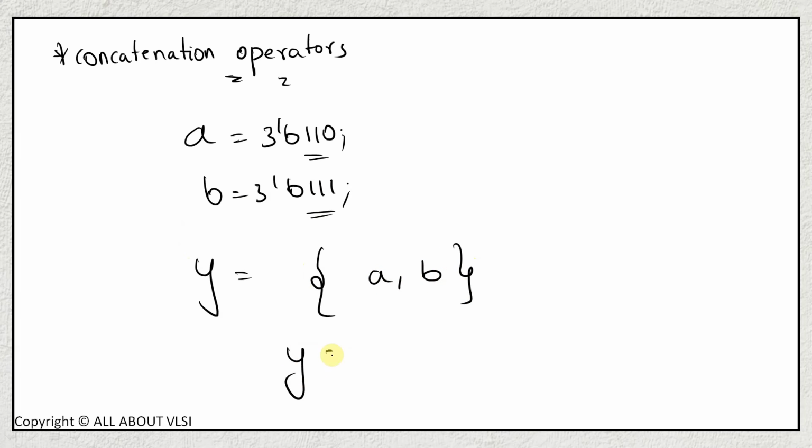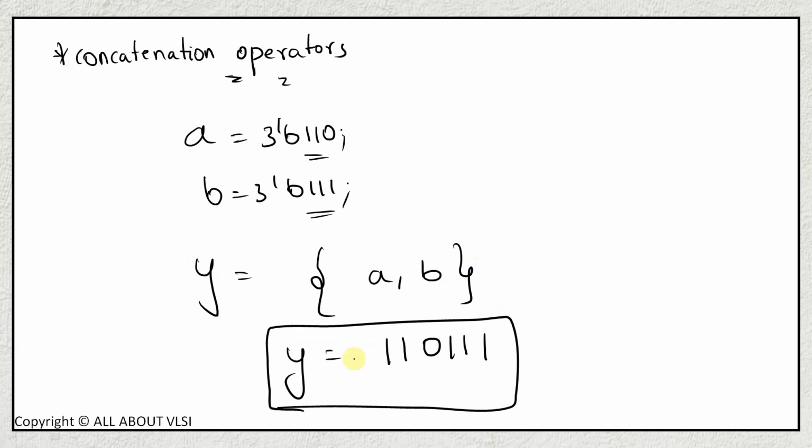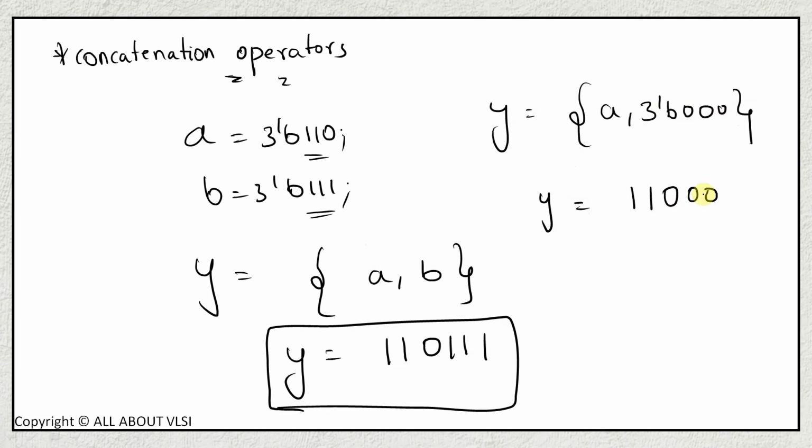So the value of y will be 110111. You're basically concatenating both. You can also write y = {A, 3'b000}. You can also combine the variables as well as the bits. So the value of y will be 110000.